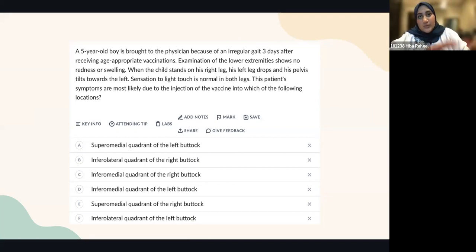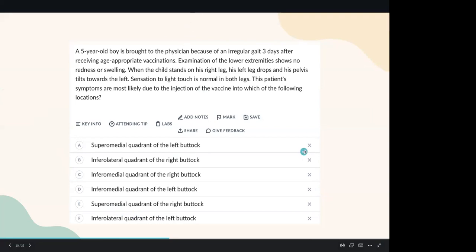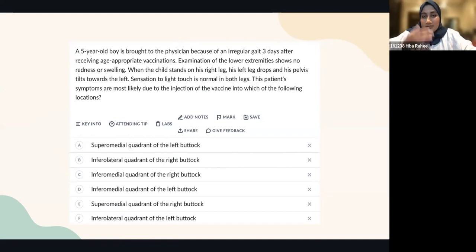They ask superior medial, superior lateral, or inferior medial, okay? So remember, we mentioned it here on the sides as well, that the superior medial quadrant is the one where we usually give the vaccination. Okay? So it's not superior medial. It should be either inferior or lateral or mid. Exactly. We can't give it laterally.